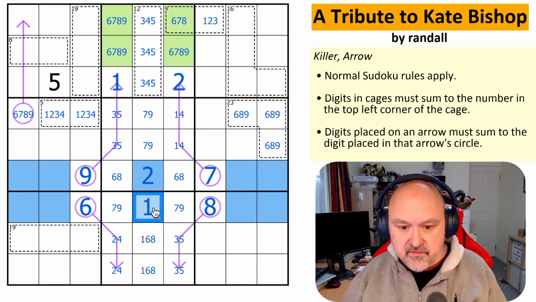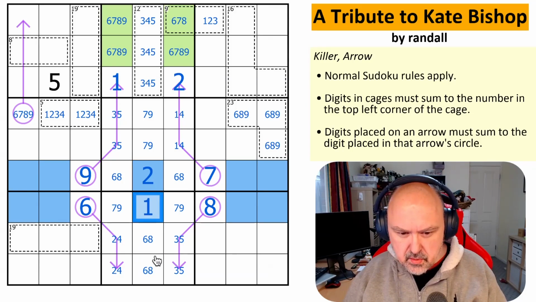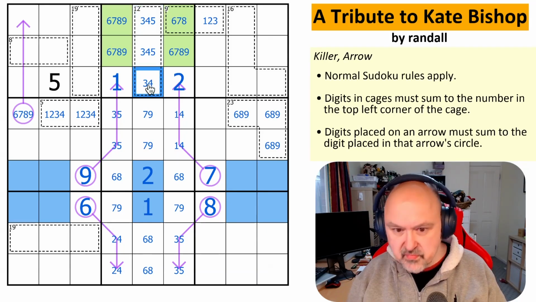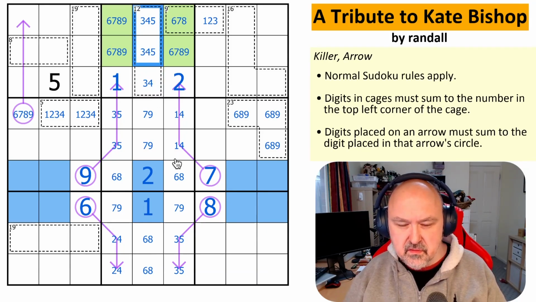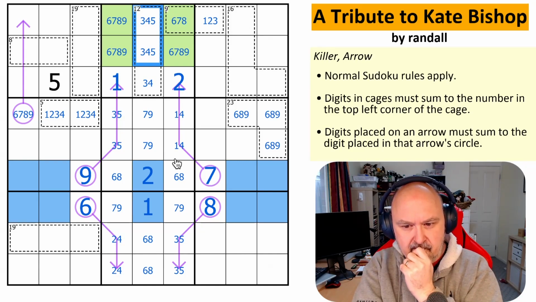So this is a 1 for the same reason that that had to be a 2. And I've got most of this middle band down to pairs. Well, that's not a 5. Huh. Okay. So how do I narrow this down further?